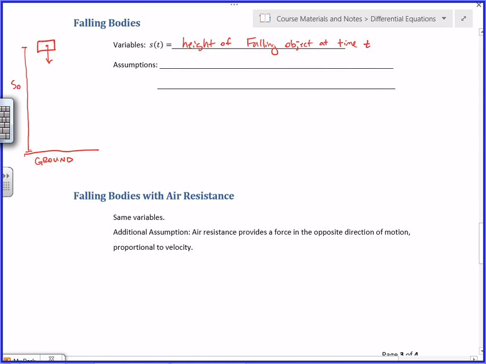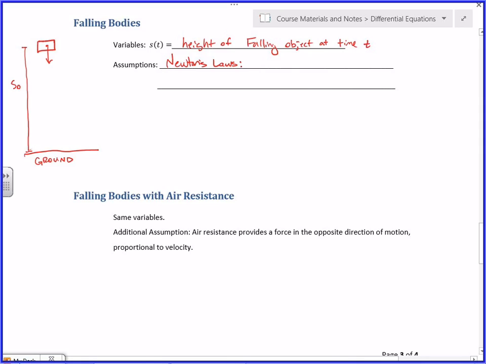All right, so the assumptions are basically Newton's laws. An object at rest tends to stay at rest, an object in motion tends to stay in motion, and the resultant force on an object is the sum of all the forces acting on that object, and that force is equal to mass times acceleration.